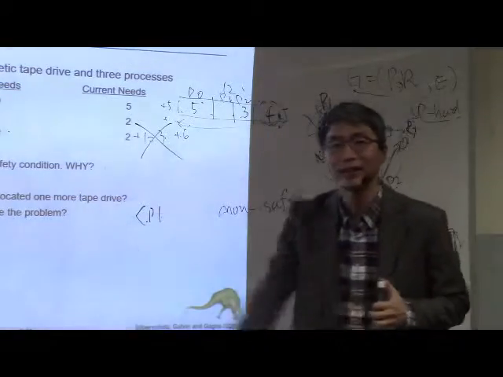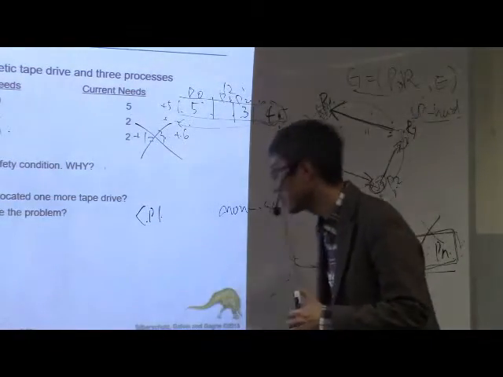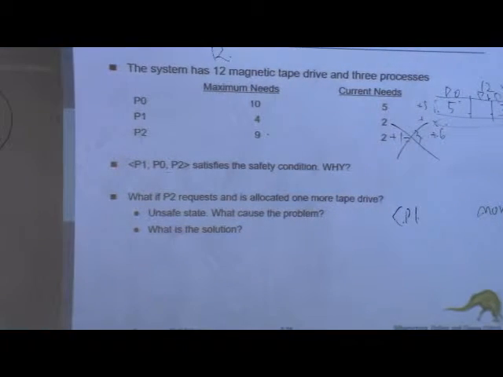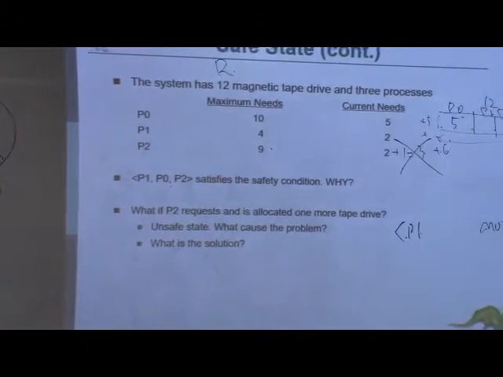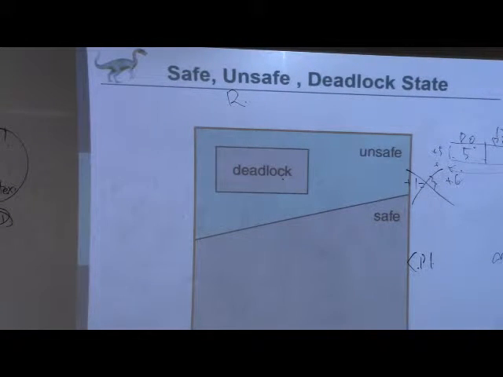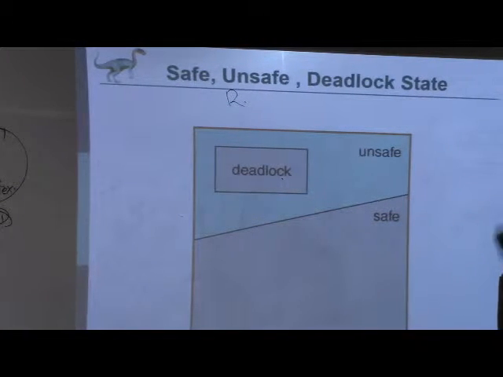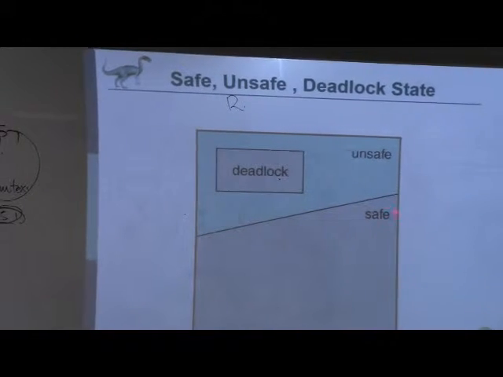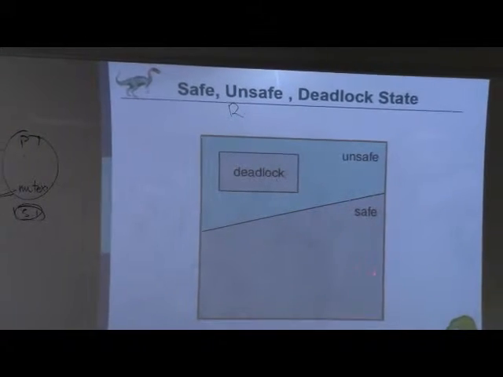This is a very simple case. We have only one resource type, and a number of processes. What if there are many resources? Maybe it's more complicated, but we can formalize the problem using a resource allocation graph. Before that, in the case of a safe state, there might be no problem of deadlock.